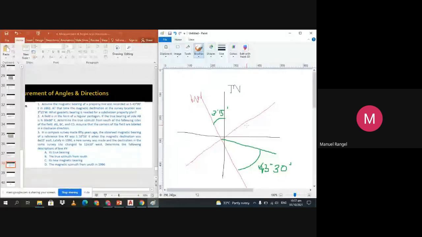What geodetic bearing is needed for a subdivision property line? What geodetic bearing is needed? So what is asked is the true bearing needed for a subdivision property line.